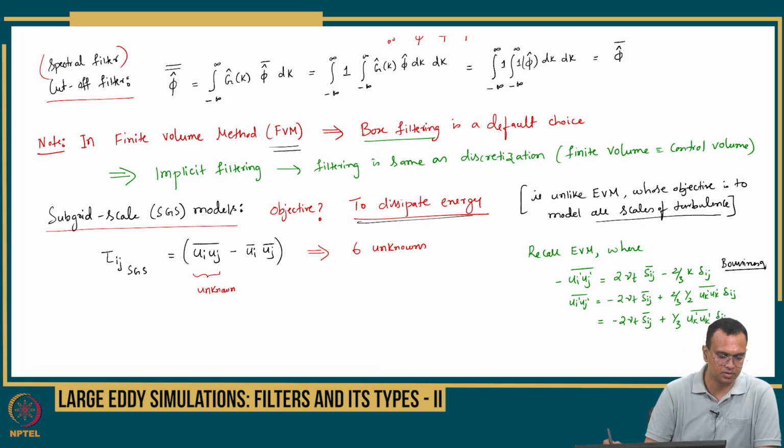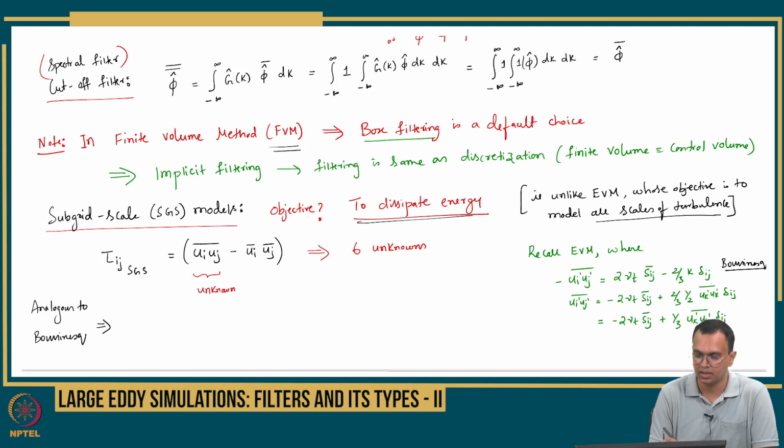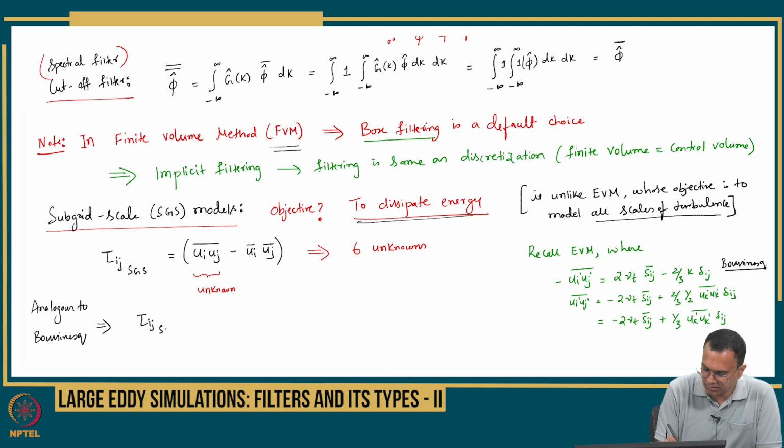Now I can use this concept here. Okay, so analogous to Boussinesq hypothesis, tau ij SGS can be modeled as tau ij SGS model. This is of course exactly what we have written above, right? So this is the exact one.